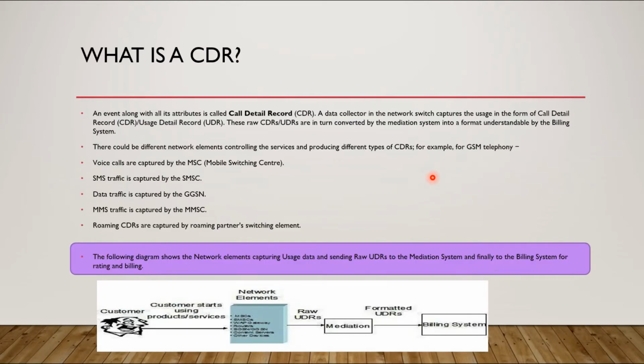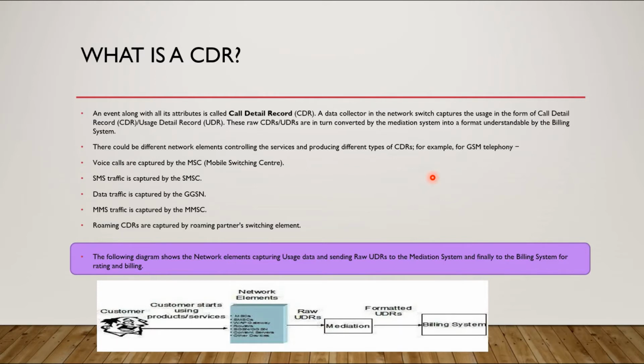CDR stands for call detail record. Basically, guys, the CDR is a very important entity, not only in terms of charging the subscriber, but more importantly in terms of revenue management, assurance, fraud management, and as a data warehouse for keeping transaction records, and also for some security purposes.